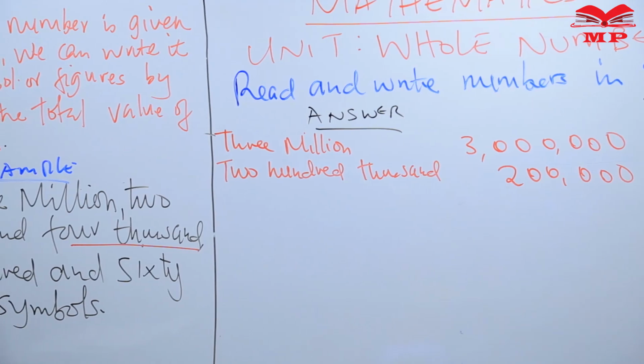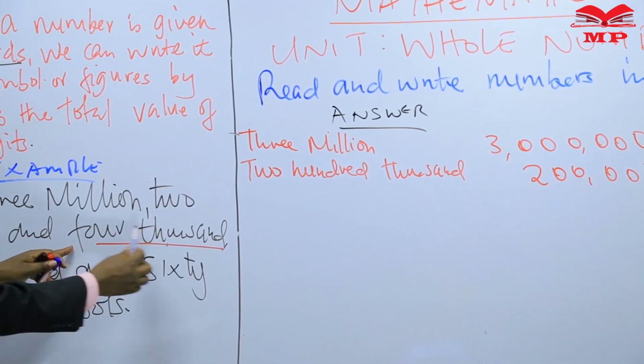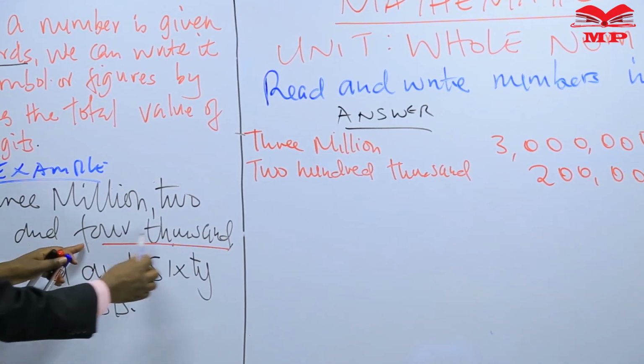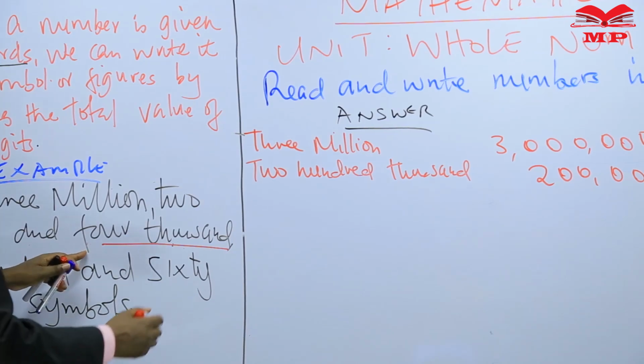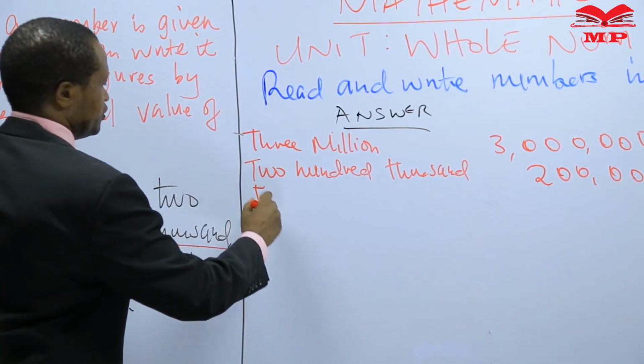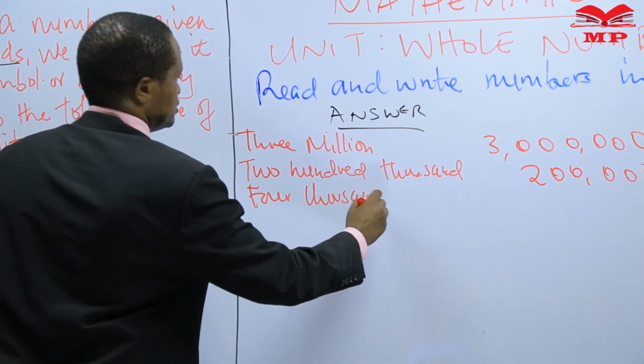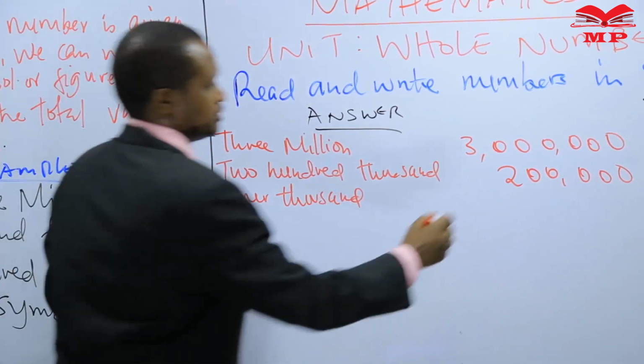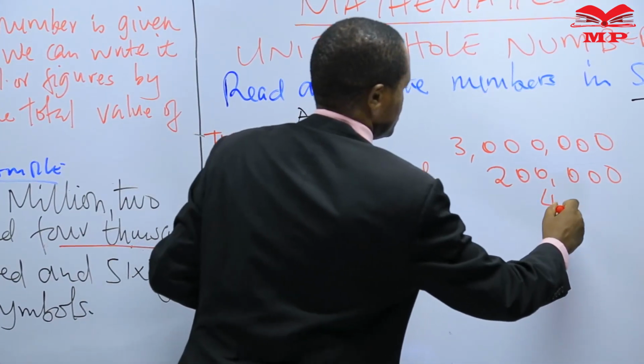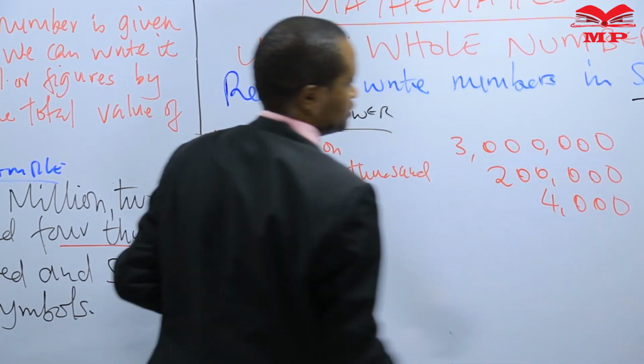Then there is 4,000. So here we write 4,000, written as 4,000.